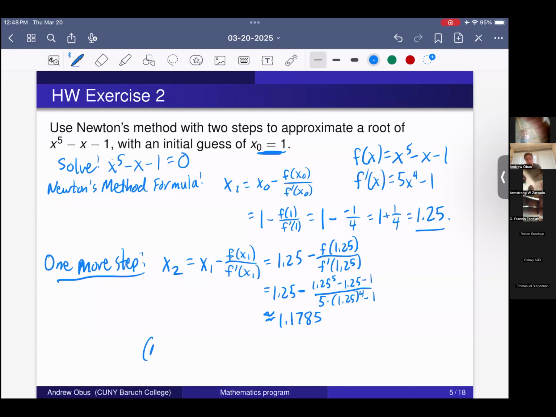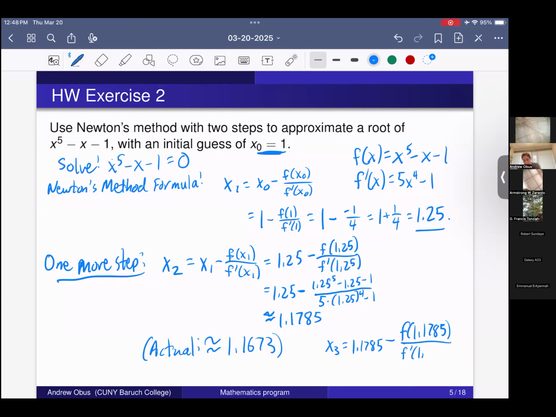So that's 1.1785, and the actual answer we said is approximately 1.1673. Okay, so it's not such a bad approximation. And if we did one more step, we could get even better, right? I mean, x3 would be equal to 1.1785 minus f of 1.1785 divided by f prime of 1.1785, right?